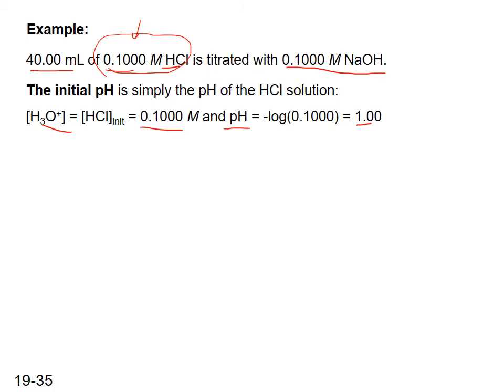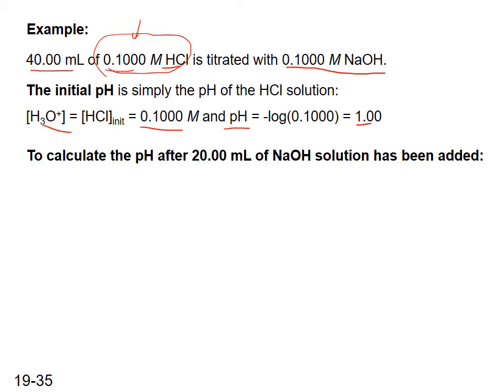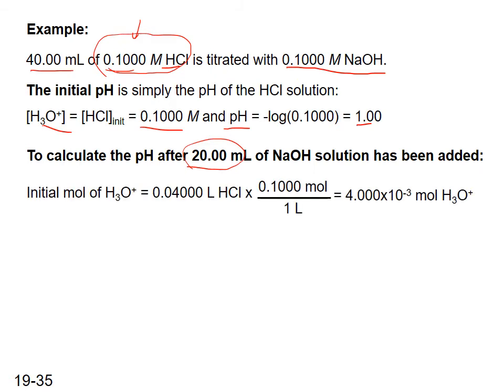Now, when we add the sodium hydroxide, some of the hydrogen ion will be reacted. So let's say we add 20 milliliters of sodium hydroxide. What will be the pH value? To calculate pH, we need to know the hydrogen ion concentration. So let's calculate the total number of moles of hydrogen ion.